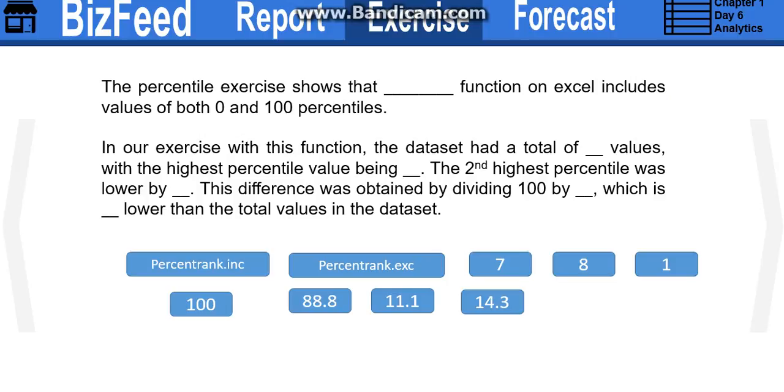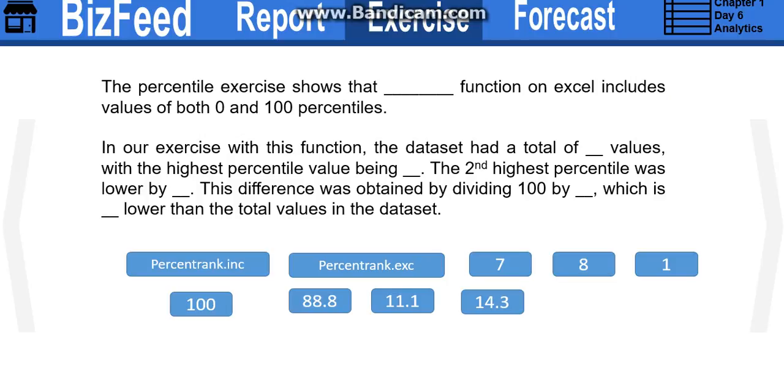So here it says that the percentile exercise shows that the dash function on Excel includes values of both 0 and 100 percentiles. So this is the %rank.inc function here. So they just have to drag this and drop here. In our exercise with this function, the dataset had a total of 8 values, which was there in the table above, with the highest percentile value being 100, because in the .inc function the highest value is always 100.